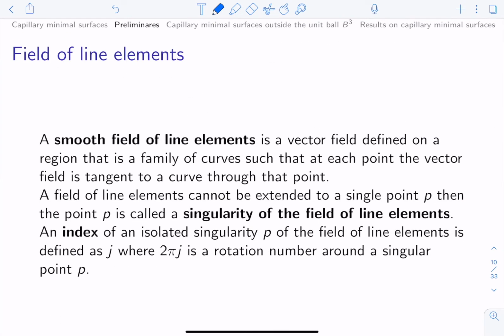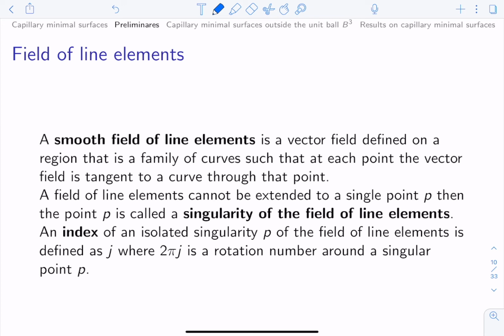So there also is a field of line elements that I used in the proof of the theorem. A smooth field of line elements is a vector field defined on a region, that is a family of curves such that at each point the vector field is tangent to a curve through that point.